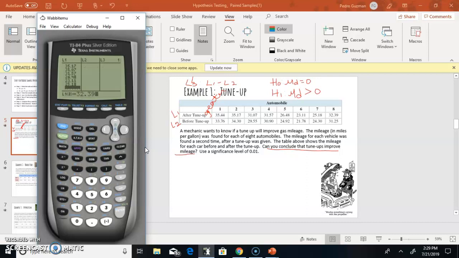Oops. Let me just go back and make sure I've typed these in correctly. 32.39, 25.18, 23.11, 26.48, 31.57, 31.07, 35.17, 35.44. Alright, I'm entering L2.